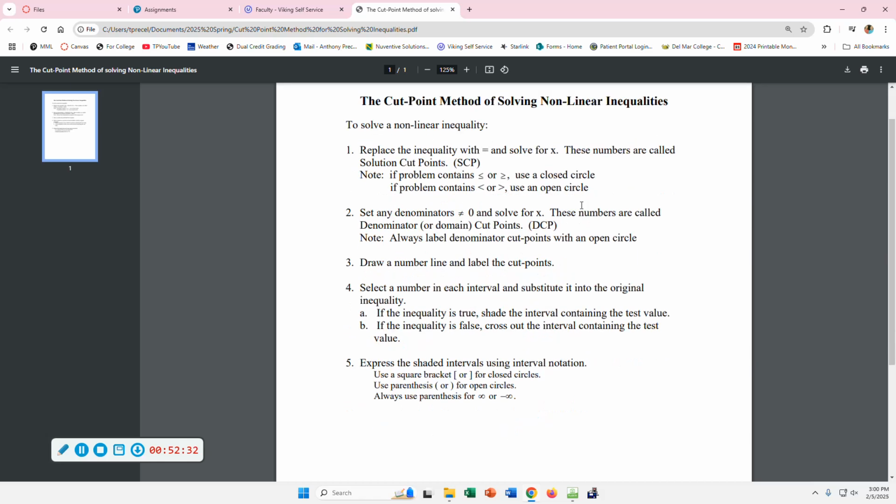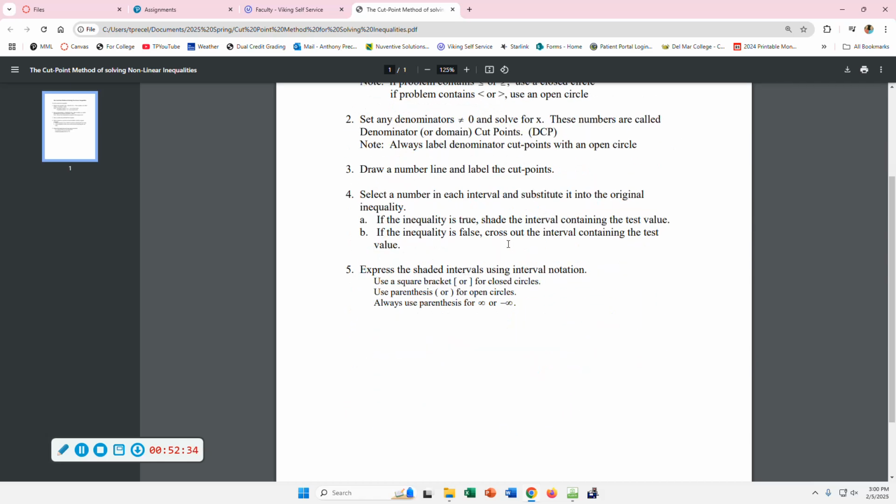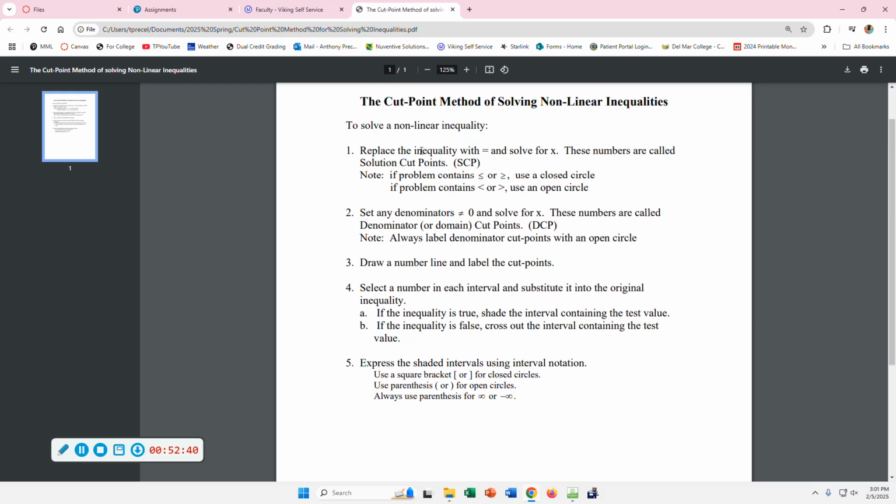Look at step number 5. If you follow this recipe correctly, you're going to be drawing a number line and labeling these cut points, and some of the intervals will be shaded and some will be crossed out. And there'll be some open and closed circles.